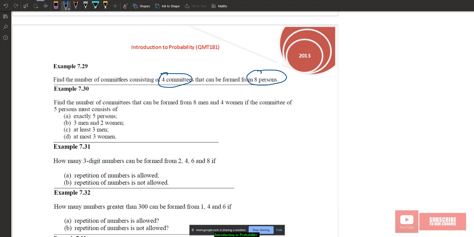It's not really in order. So we have n equal to 8, r equal to 4. You want to select 4 committee members out of 8 persons. So we can simply use combination, 8 choose 4, which is equal to 8 factorial divided by 4 factorial multiplied by 4 factorial, equal to 70.